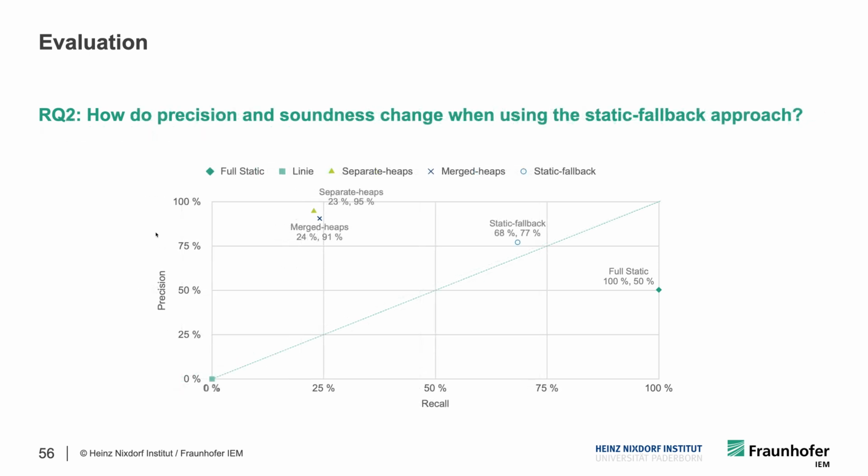Then we also looked into how precision and soundness change when using the static fallback approach. And that's where I have to say this turned out to be very interesting, because when you use static fallback, we saw that you almost get the same precision gain that you get by the other configurations. Not quite, right? But it's already a pretty dramatic precision gain.